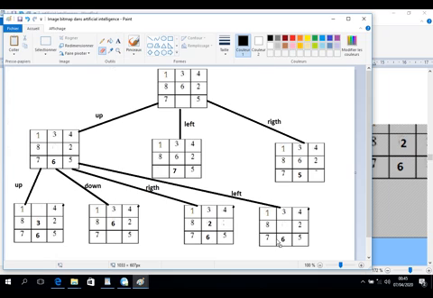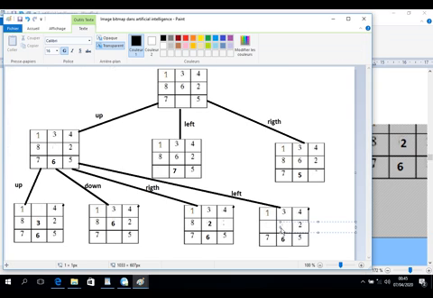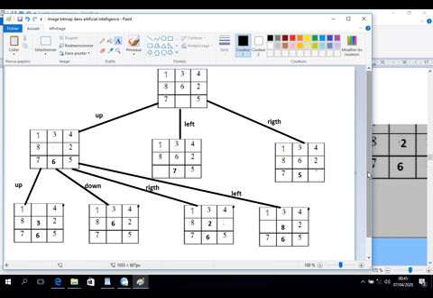If we move to the left, this 8 is going to move like this. Okay.